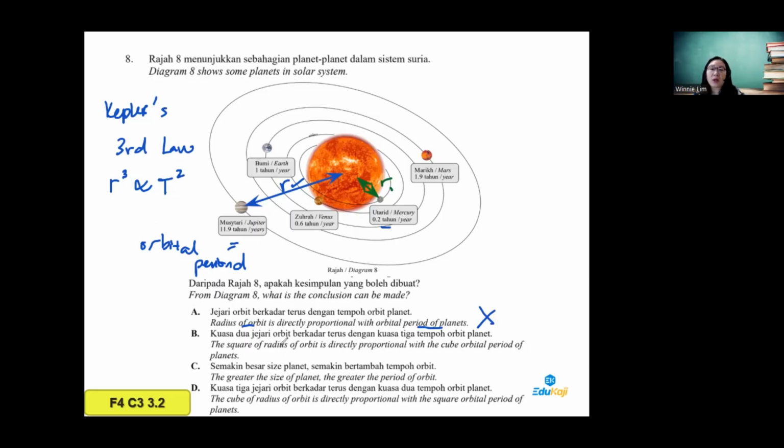The square of radius is directly proportional to cube of period. Also wrong. It's supposed to be cube of radius. The greater the size, the greater the orbital period. Not accurate. Okay, it's nothing to do with size. And then the cube of the radius of orbit is directly proportional to the square. Yes, so that's why the answer is D.